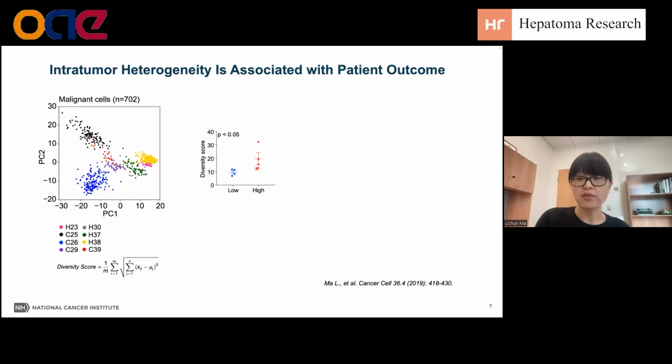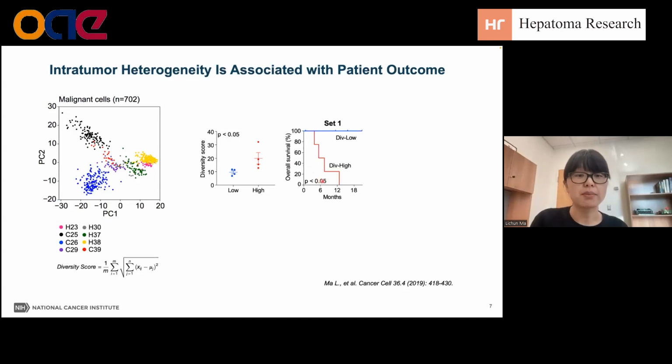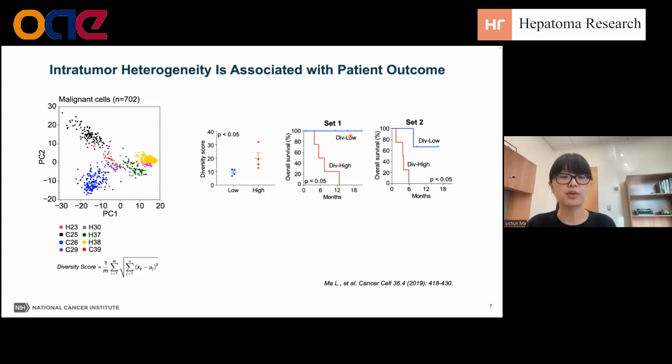And remarkably, we found that patients from the high diversity group had significantly poorer overall survival than patients from the low diversity group. This was further validated by using an additional set of sequentially enrolled patients. These findings indicate that tumor cell biodiversity.